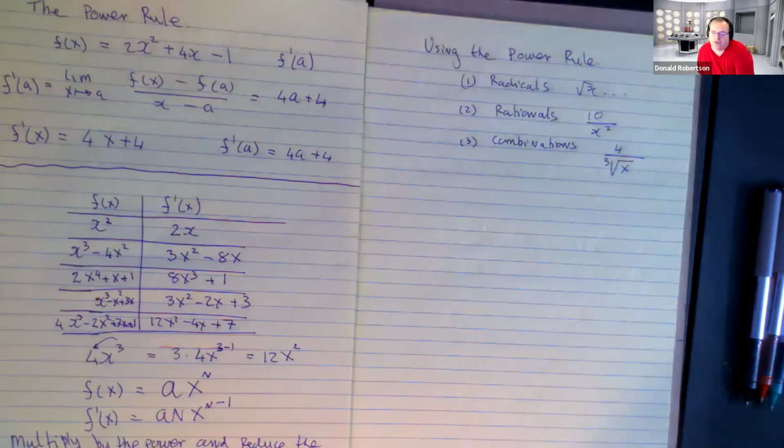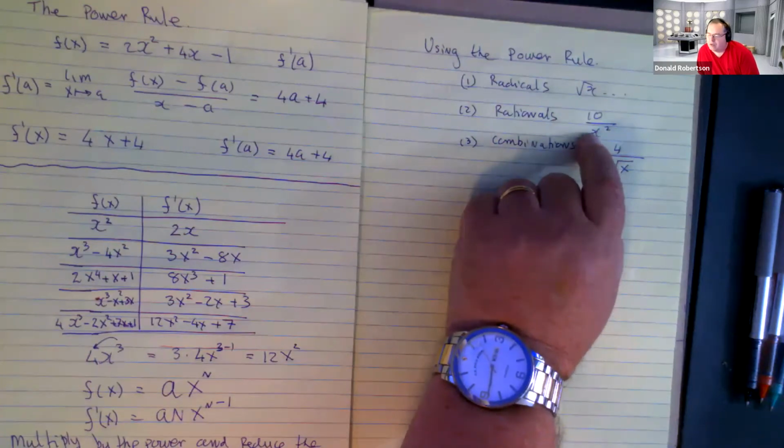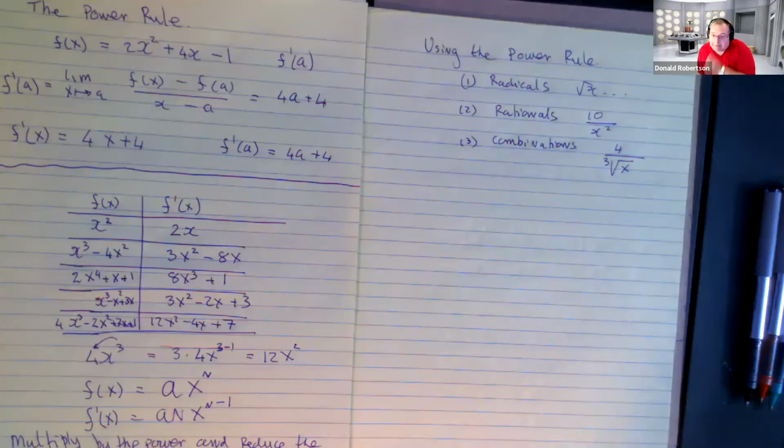So we are going to use the power rule to differentiate things like the square root and cube roots, 10 over x cubed and 10 over x squared, and stuff that looks like that.